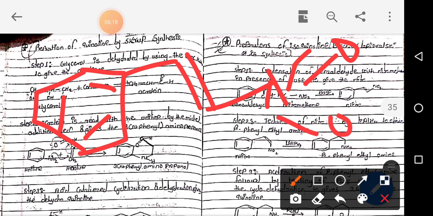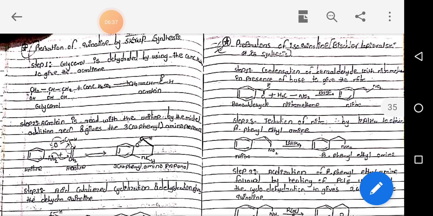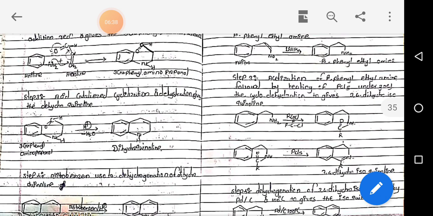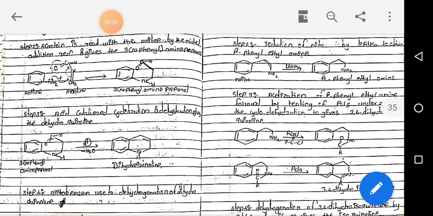This is done by using lithium aluminum hydride, a strong reducing agent that reduces the double bond and converts the nitro group into NH2, giving beta phenyl ethyl amine as the product. This is step two.